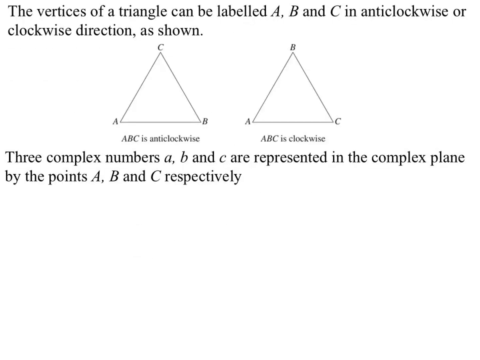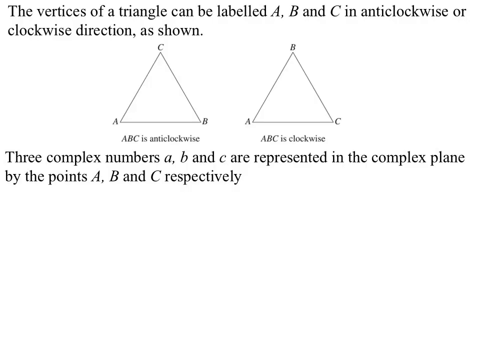Here we go. This is the good part of the question. The vertices of a triangle can be labelled A, B and C in either clockwise or anti-clockwise direction. Well, that's nothing new. That's just how we label triangles. They're always in cyclic order. Whether you go clockwise or anti-clockwise doesn't matter. Three complex numbers, A, B and C, are represented by these points.